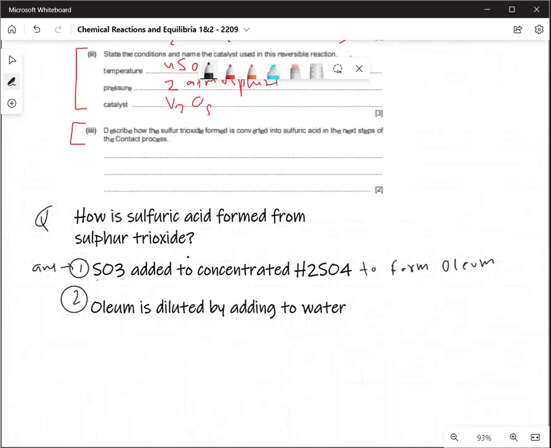How is sulfuric acid formed from sulfur trioxide? Now write this down. I'll tell you which stages there are. I've given you 4 stages, yes? Now write this down first, to make sulfuric acid.